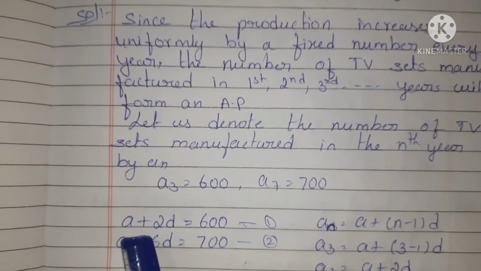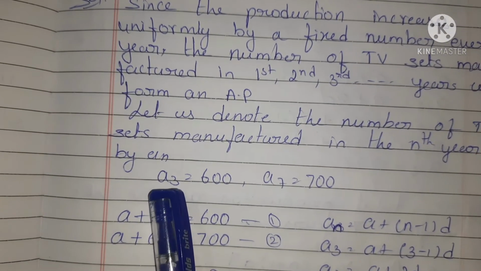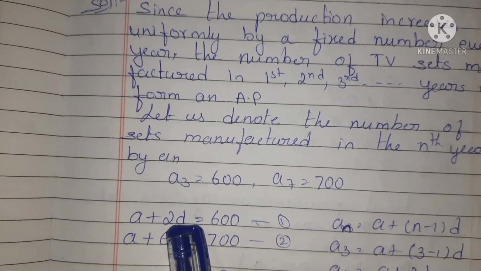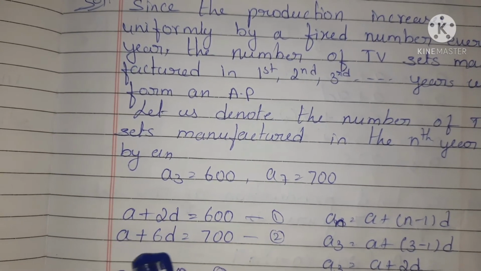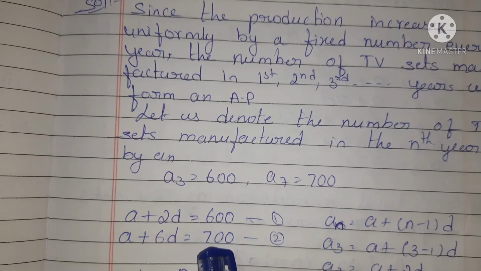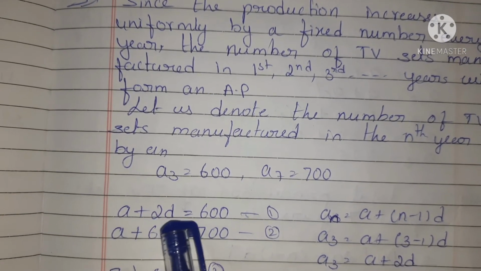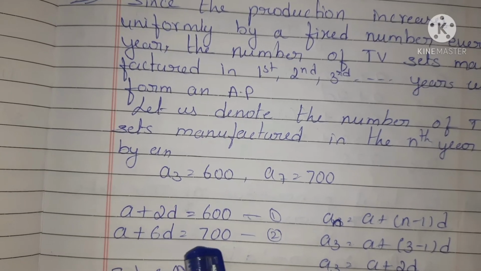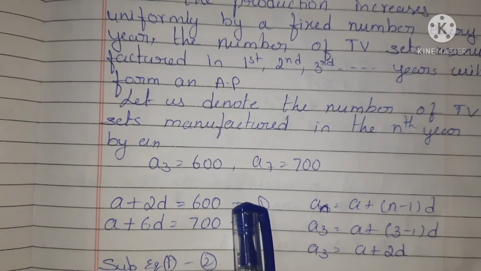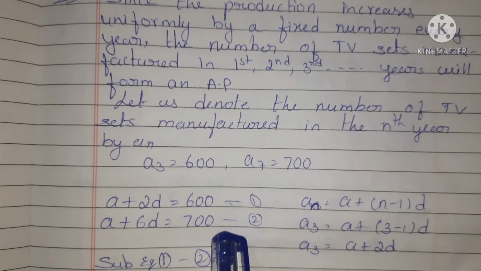A3 we can write as A plus 2D is equal to 600, and A7 we can write as A plus 6D is equal to 700. This is equation 1 and equation 2.